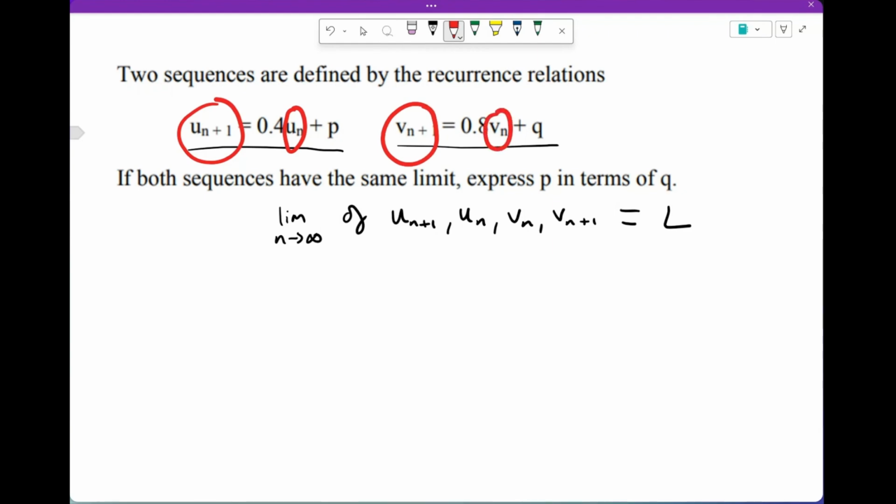So for our first one I get L is equal to 0.4L plus p, and for my second one it is L is equal to 0.8L plus q.